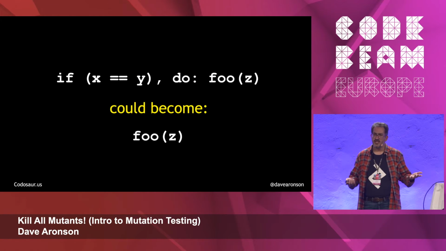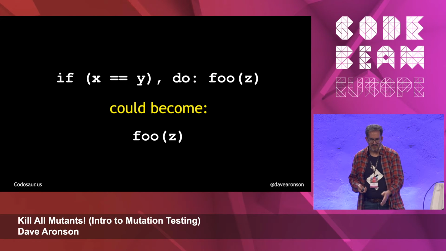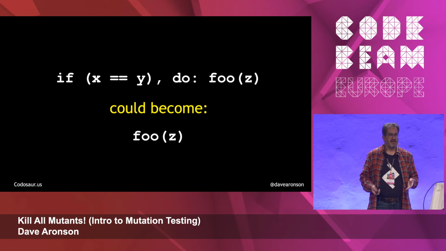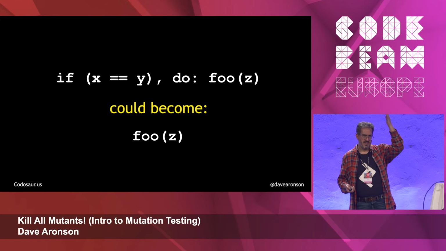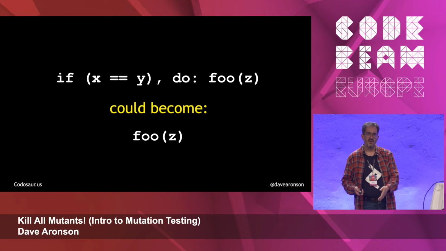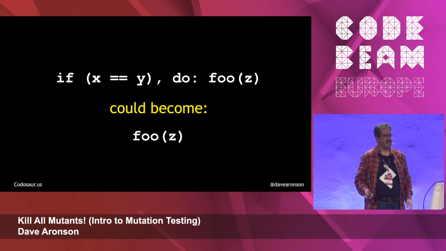And it can remove a condition so that something that might either be done or skipped over will always be done. In languages with looping constructs, it can also remove the conditional that controls a loop so that something that might be done once, done many times, or completely skipped over would be just done once.